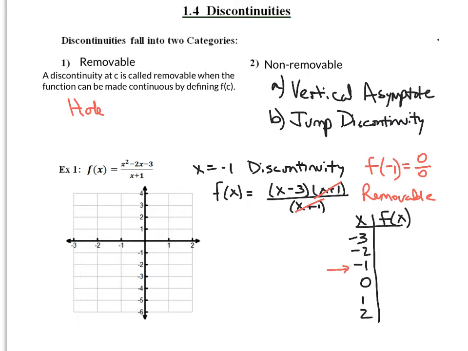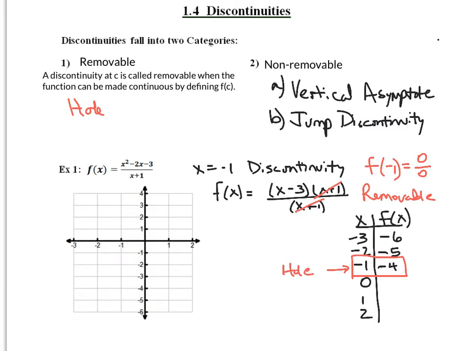So when I substitute negative 3 into this new function, I get negative 6. Negative 2 minus 3 is negative 5. But when I plug negative 1 in, I get negative 4. What that tells me is that my original function did not have a point here, but my new one does. So if I'm graphing my original, I am going to put a hole at negative 1, negative 4.